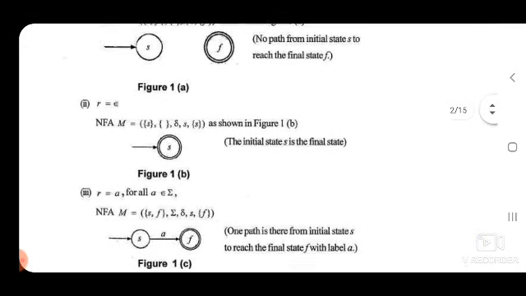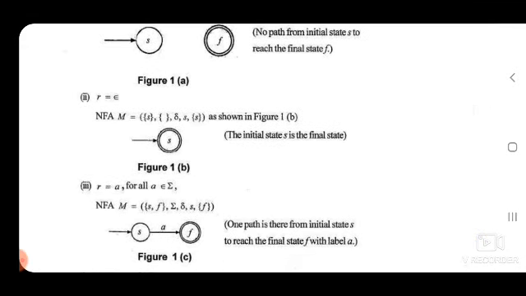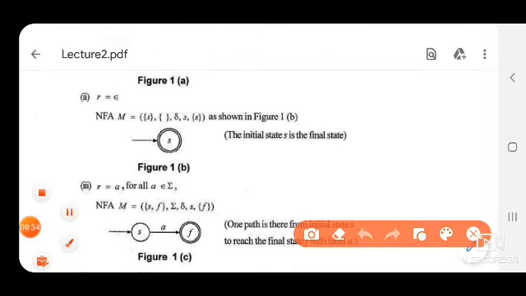Okay. Now take the next regular expression, that is null. So if we take R as null, then how do we represent null with an NFA? In this figure you will see that only one state is there, that is S. Okay, this is initial as well as final.